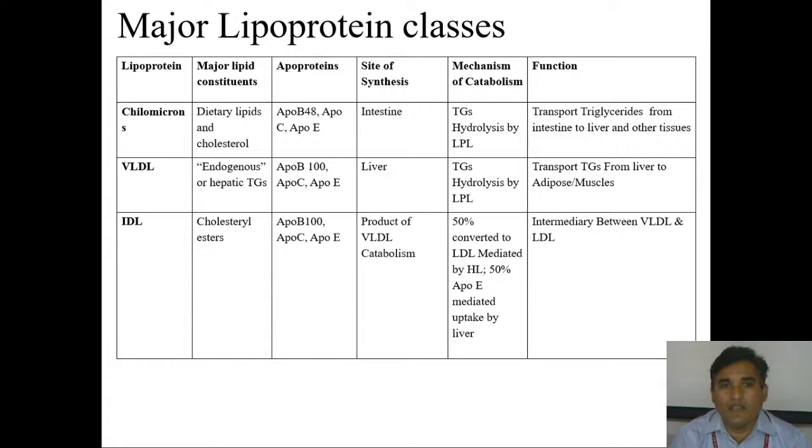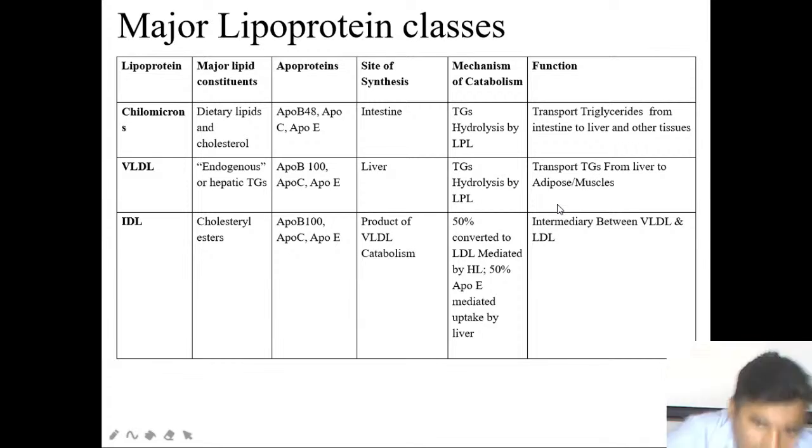First is the chylomicron. It is the dietary source of cholesterol. These are the apoproteins, the synthesis is in the intestine, and the mechanism of catabolism is triglyceride hydrolysis by lipoprotein lipase, and the function is transport of triglycerides from the intestine to the liver. And the VLDL is produced by the liver, with apoproteins synthesized in the liver, triglyceride hydrolysis by lipoprotein lipase, and it transports triglyceride from the liver to the adipose tissue or the muscles.